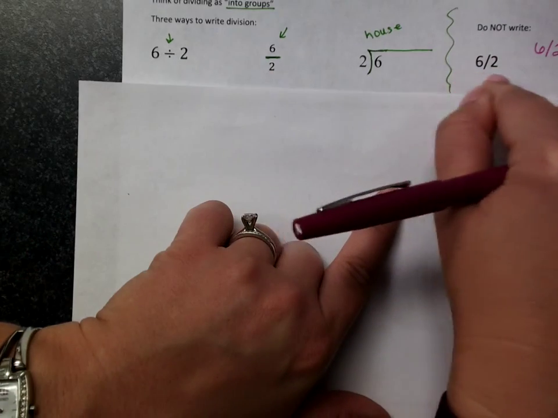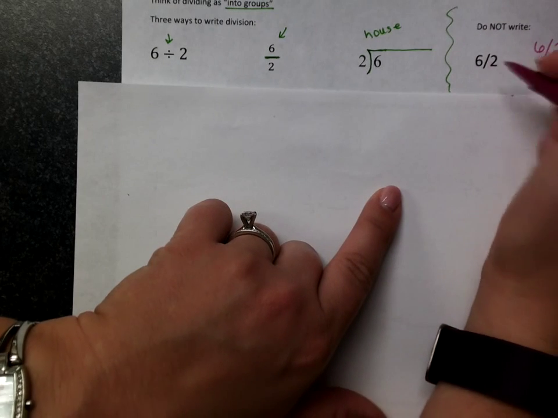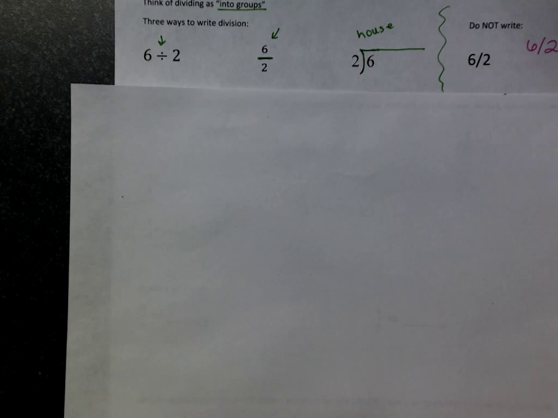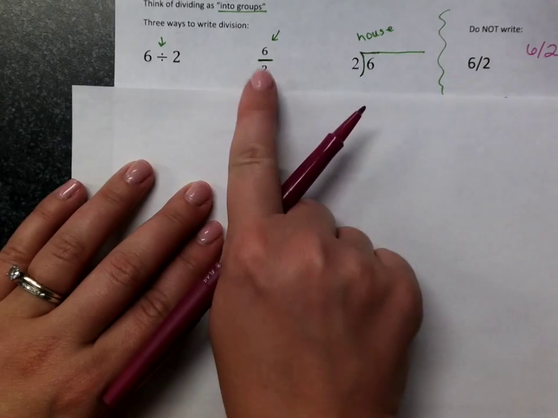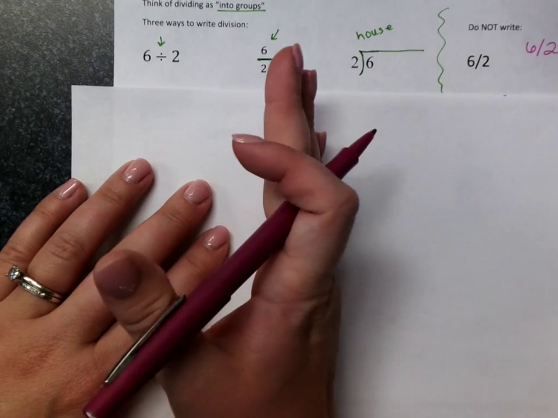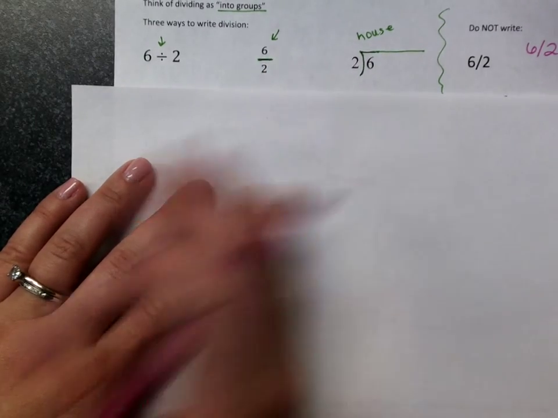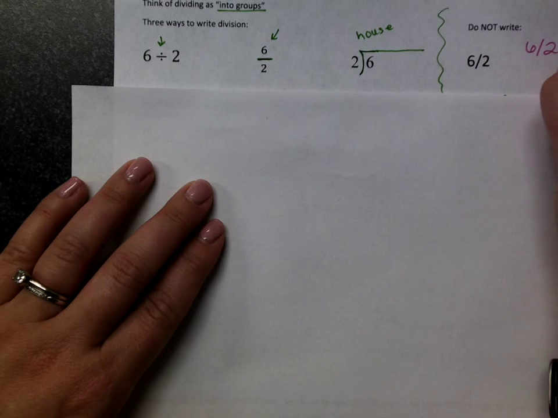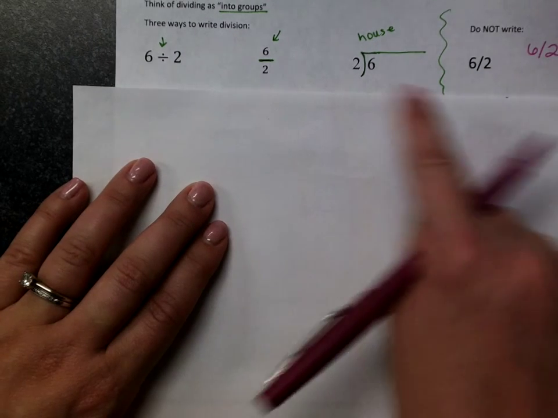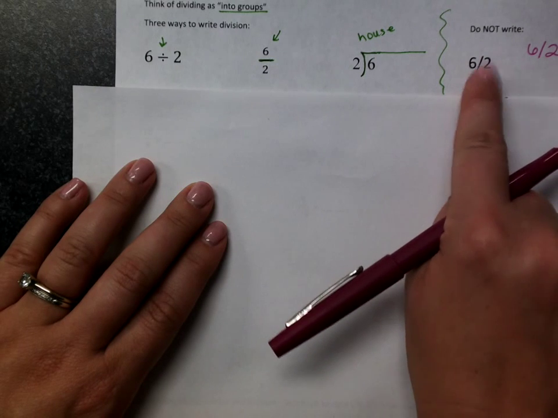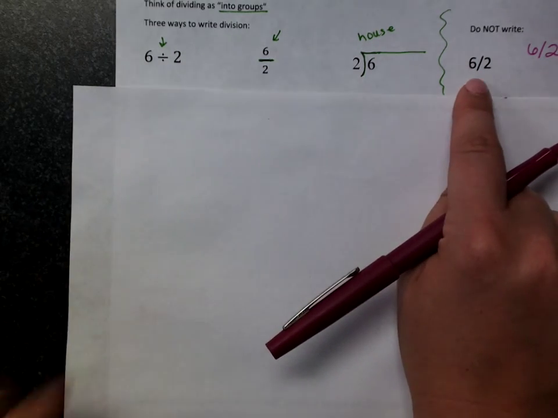Do not slant it. A slanted division bar will just cause you frustration, especially when things get more complicated. You'll be very frustrated that this just doesn't look clear. So practice writing your division stacked properly, and you might just have to write a little bit smaller so that it can fit stacked on a line. So just be careful with that. This is a bad habit we get into, and later on down the road it gets very confusing.